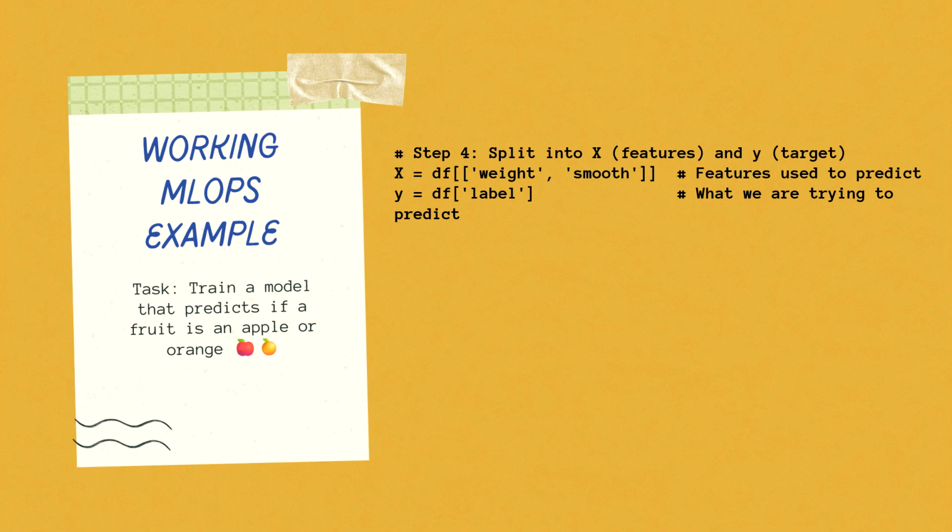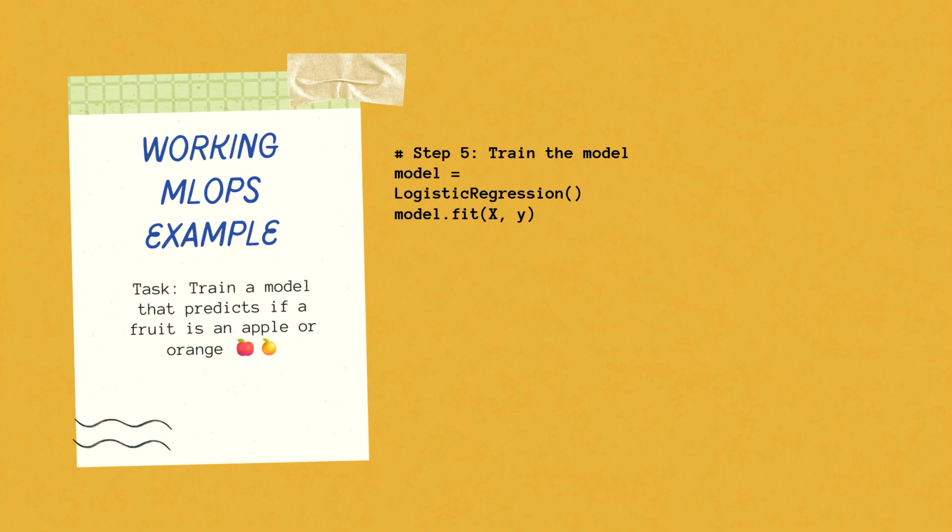In the next step we create a logistic regression model, so we are training the model now. We train it using the function fit of x comma y. This means look at the inputs and learn to predict the label. So fit of x comma y is nothing but look at the input and predict y.